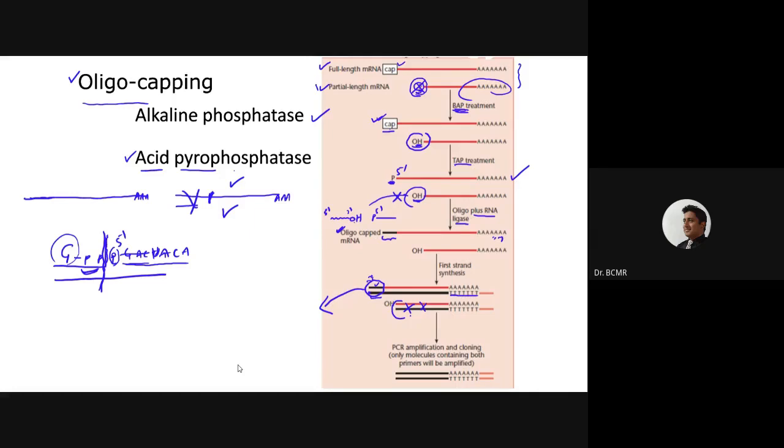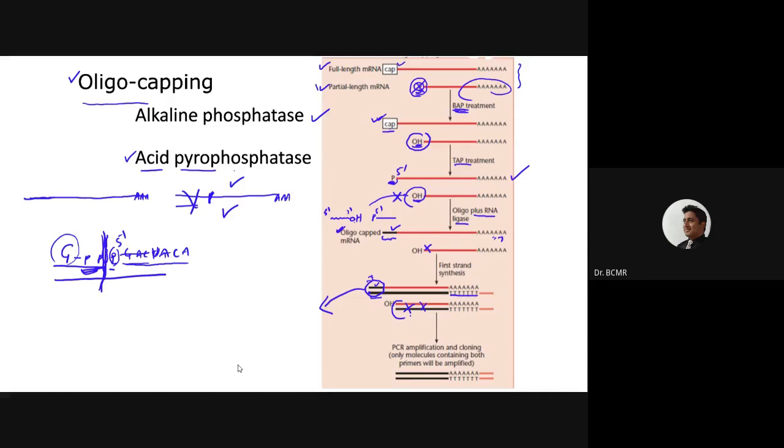Acid pyrophosphatase will cleave the cap somewhere here after these 2 phosphates, and it will result in a phosphate group. Then we add an oligo cap, which is a known sequence, and it will be added to the full-length ones and not to the broken or truncated ones, because they have an OH.